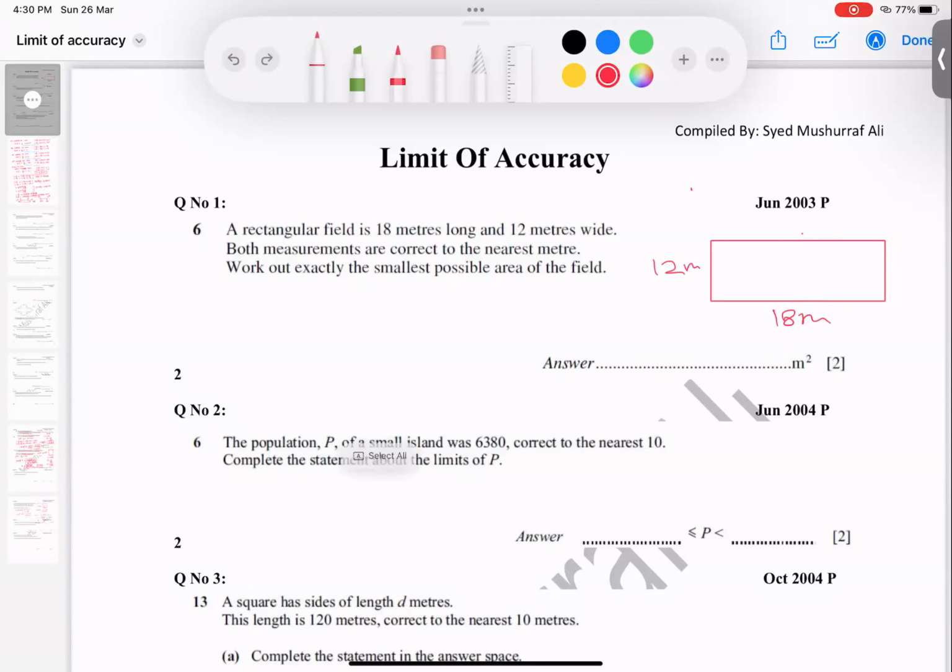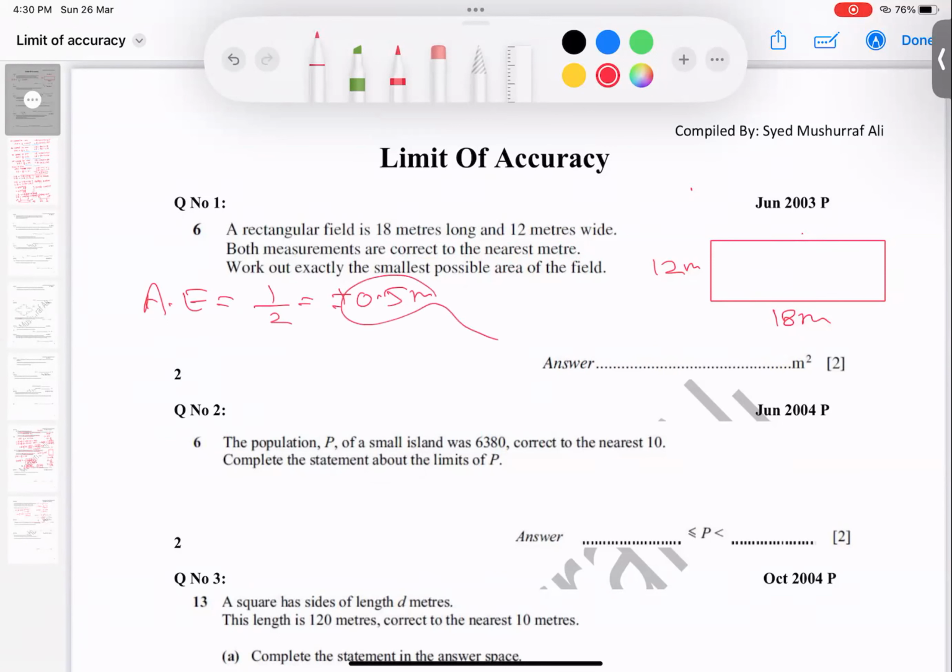Important thing, he's saying that both measurements are correct to the nearest meter. And when you say nearest meter, it means 1 meter. So the absolute error: because it is 1 meter, I will divide 1 by 2, so plus and minus half a meter.